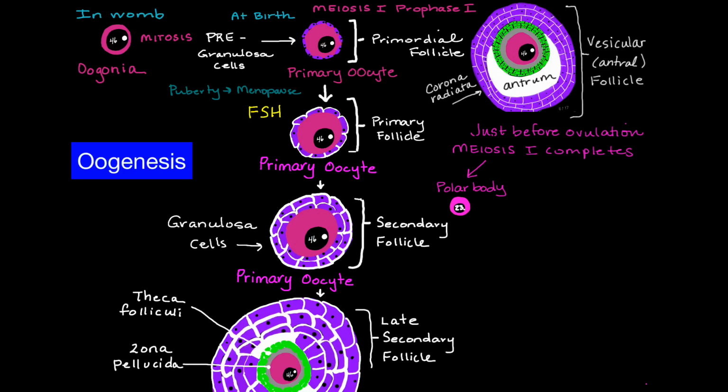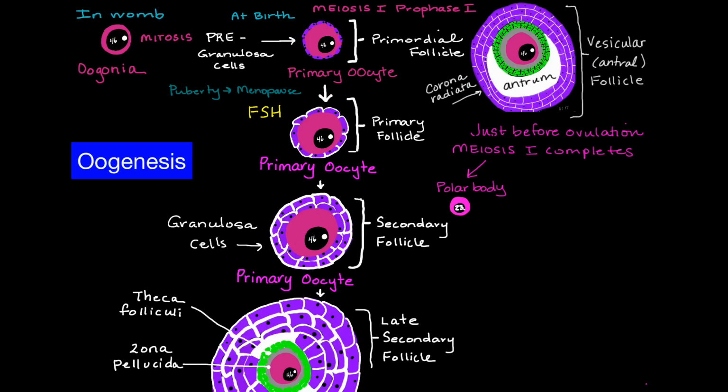That polar body is essentially a way to dump the extra homologous chromosomes. So the goal of meiosis is to take our 23 sets of homologous chromosomes and separate them so that we're creating cells that only have one set of the genetic information, just one copy of the genome. So to do that, we have to get rid of the extra chromosomes.